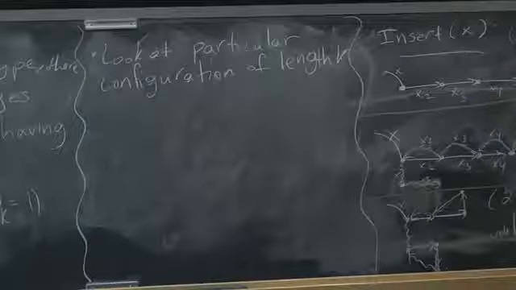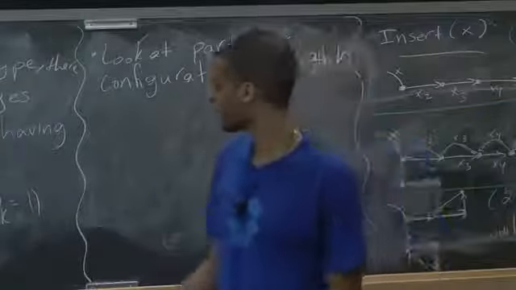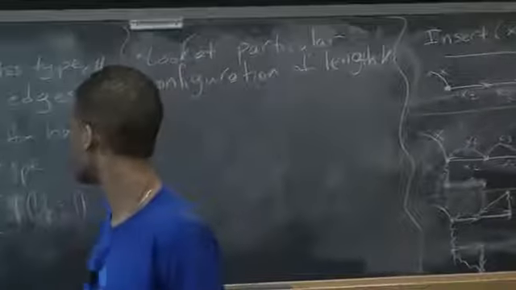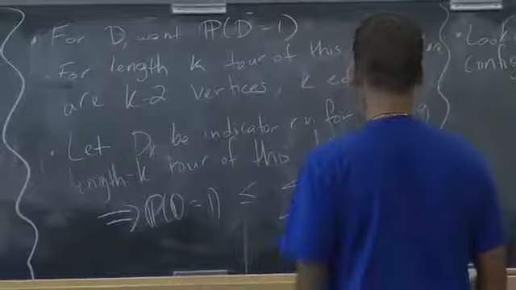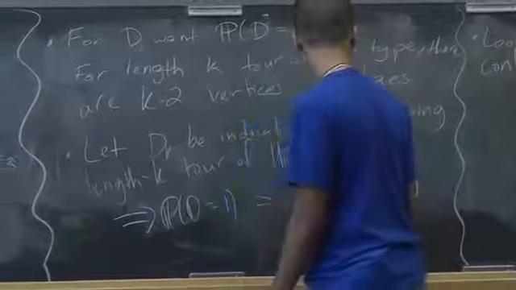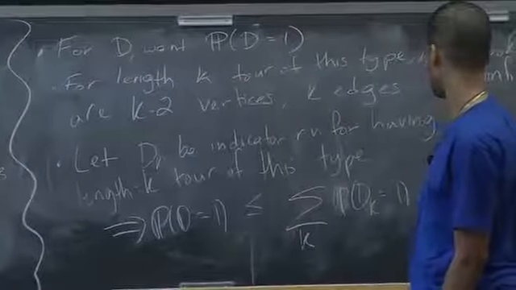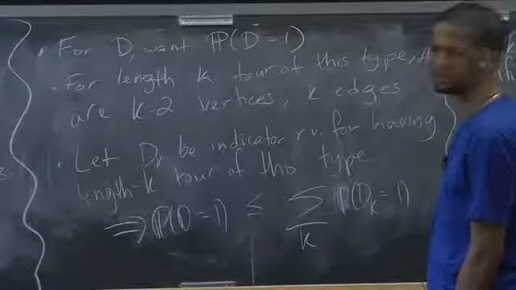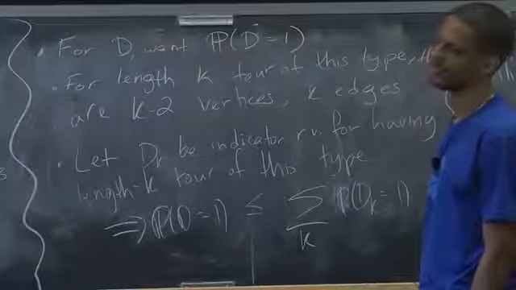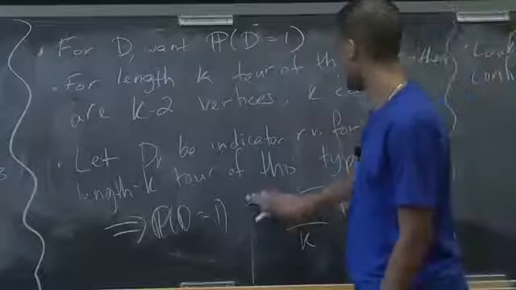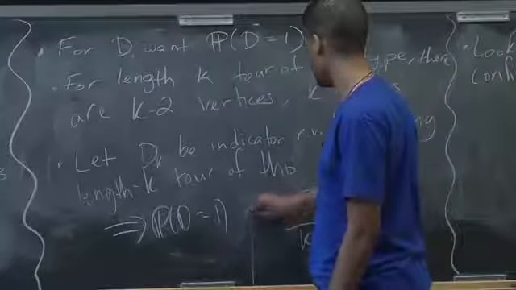Yeah. So there you said probability that d equals 1 is less than or equal to that sum. But wouldn't the probability that d equals 1 have to be greater than any of the terms? Because those are indicators for subsets, having just a length k tour of this type as opposed to any. Actually, now that I think about it, I think it's actually equality because these are disjoint events.